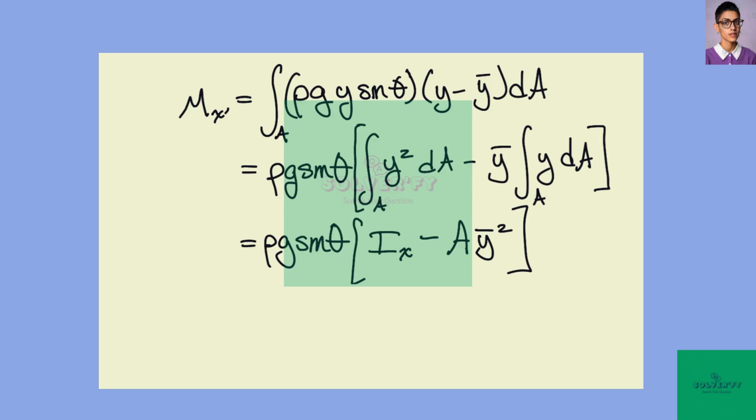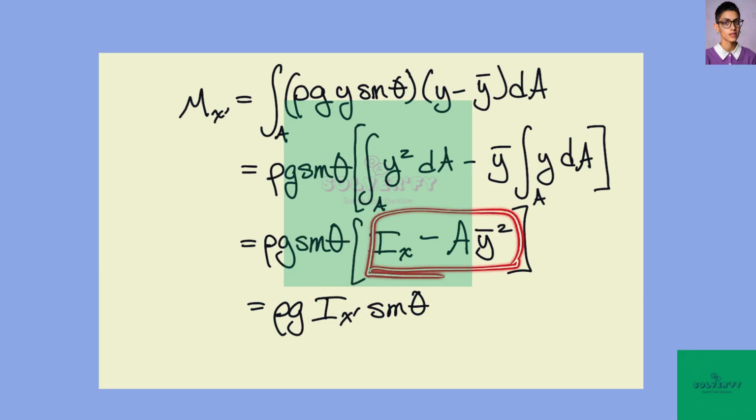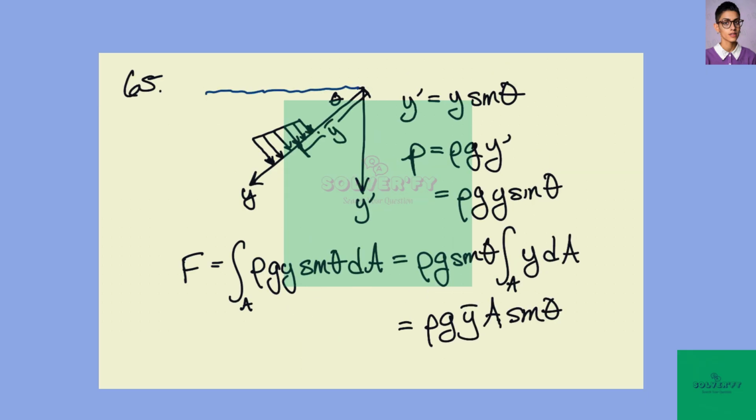And that is the area moment about the centroidal x-axis. So again, we can use the parallel axis theorem, and this provides us with the area moment about the axis out of the paper at the centroid here.